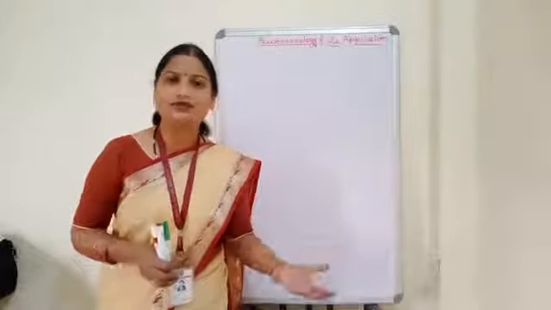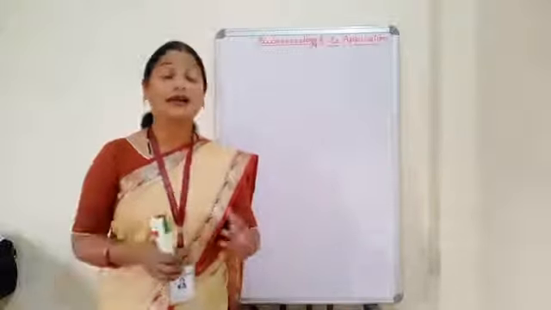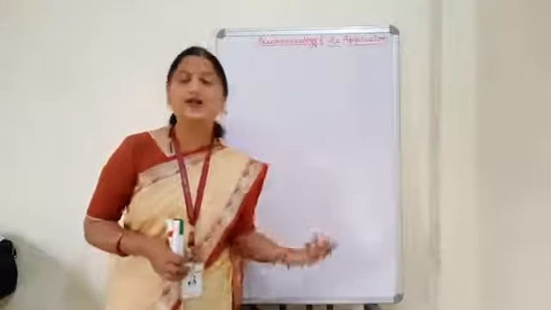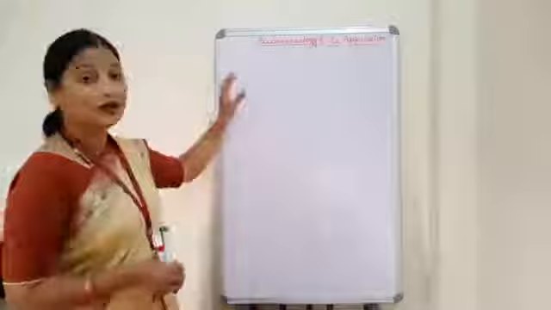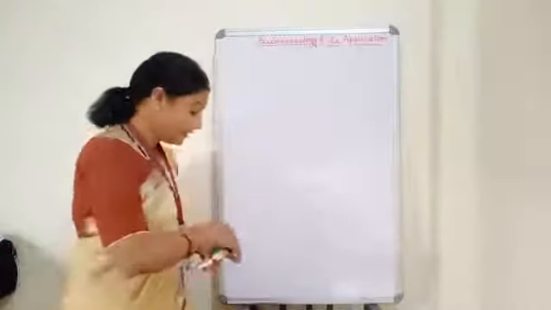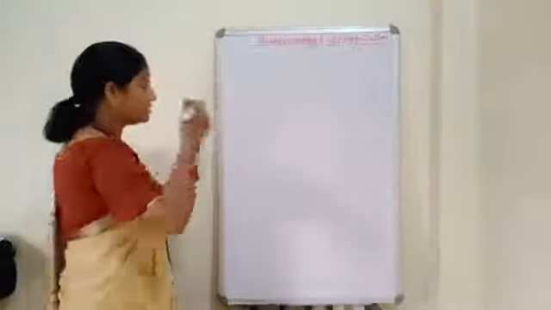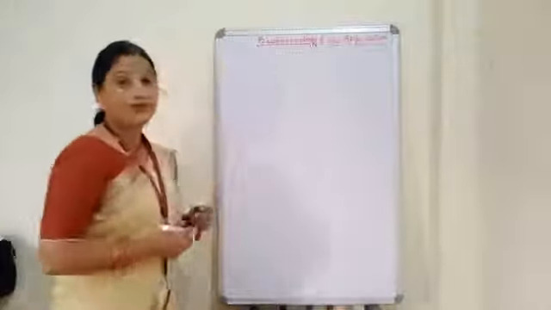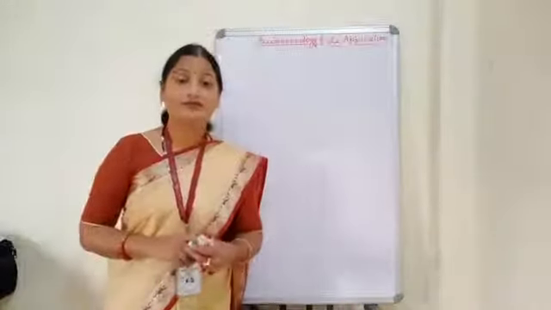Like in the case of wheat, we have made Atlas 66. Now here we are going to concentrate on the topic of golden rice. Now see, children, what is the meaning of this golden rice?